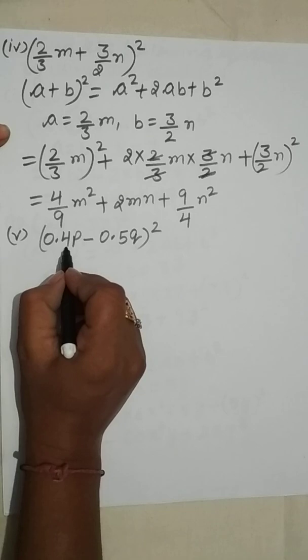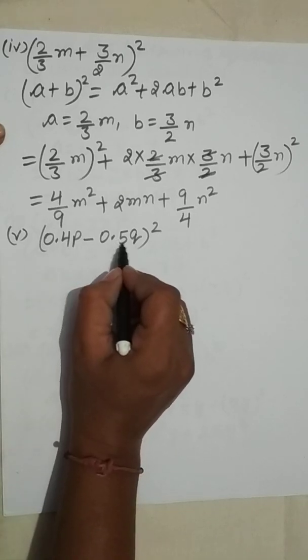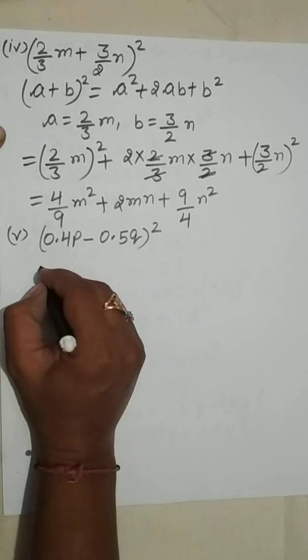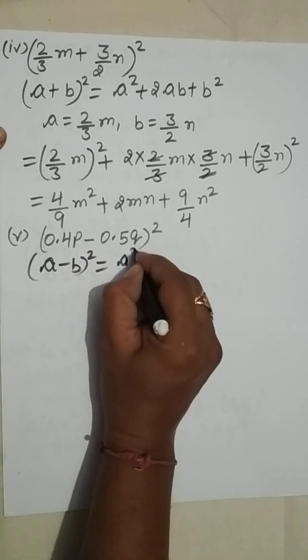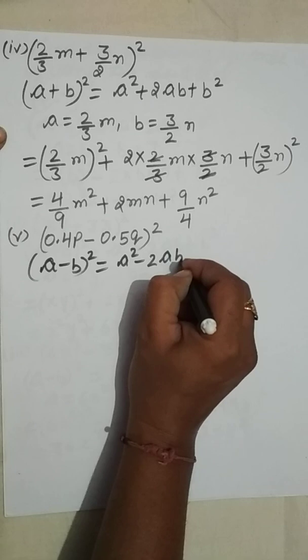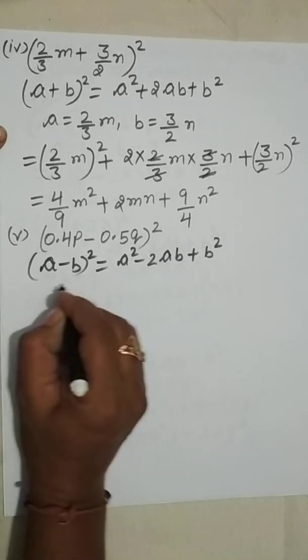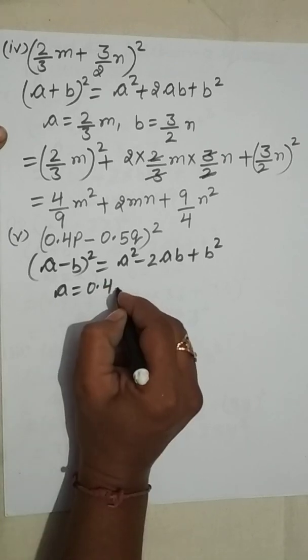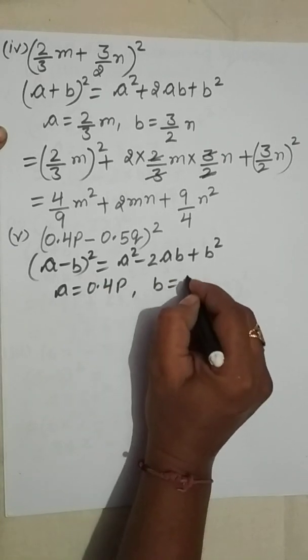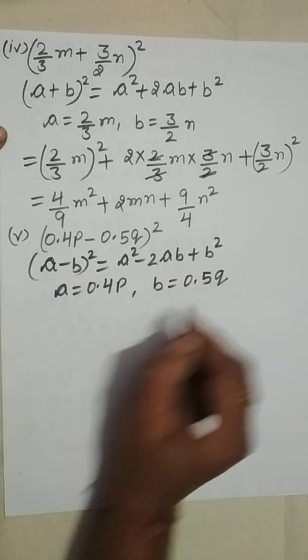Next is (0.4p minus 0.5q) whole square. Here this is the type of (a minus b) whole square, which is equal to a square minus 2ab plus b square. Now here a is 0.4p and b is 0.5q.